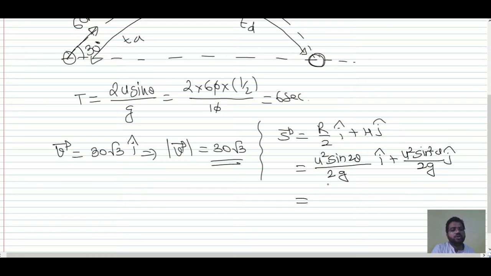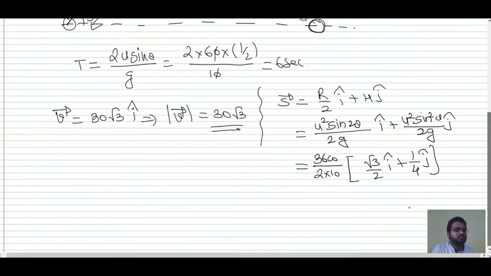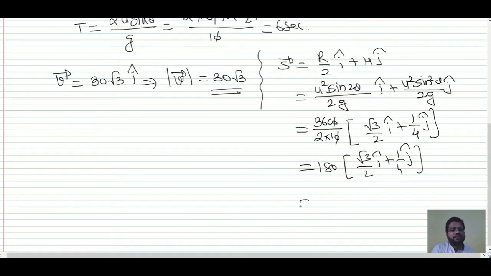Now if you put in the values, you get u squared as 3600 divided by 2g, as 2 into 10, into sine 2 theta, as in sine 60 is root 3 by 2, i hat, plus sine squared theta as 1 by 4 in j hat. If you solve this, the 0 gets cancelled, and we have 180 root 3 by 2 i hat plus 1 by 4 j hat. If you multiply, you will get 90 root 3 i hat plus 45 j hat.